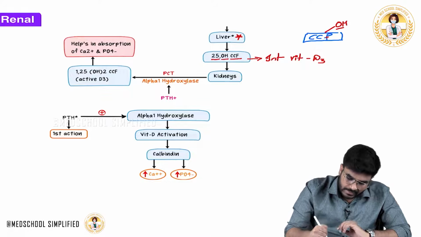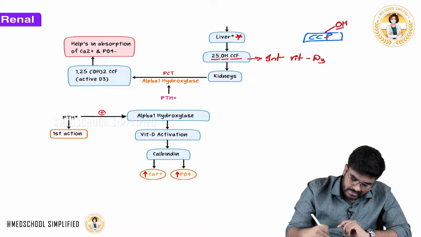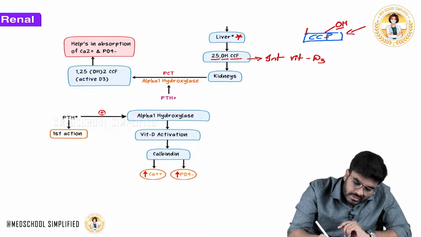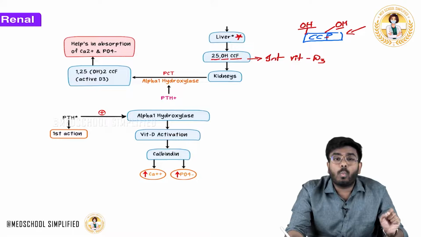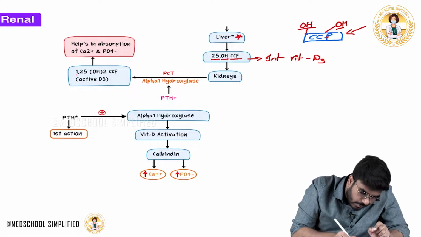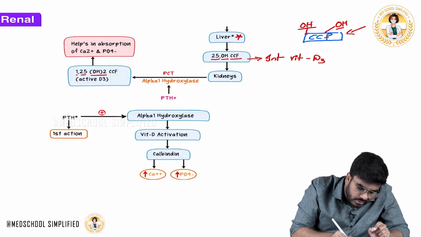Onto this 25-hydroxycholecalciferol, there is already one hydroxyl group, right? Now one more hydroxyl group is being added, on the first carbon position as well as the 25th position. So 1,25-dihydroxycholecalciferol, or active vitamin D3.